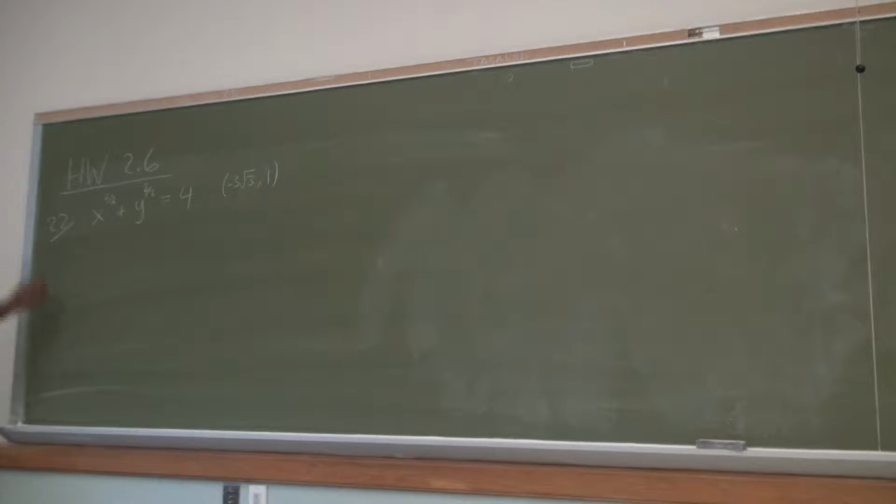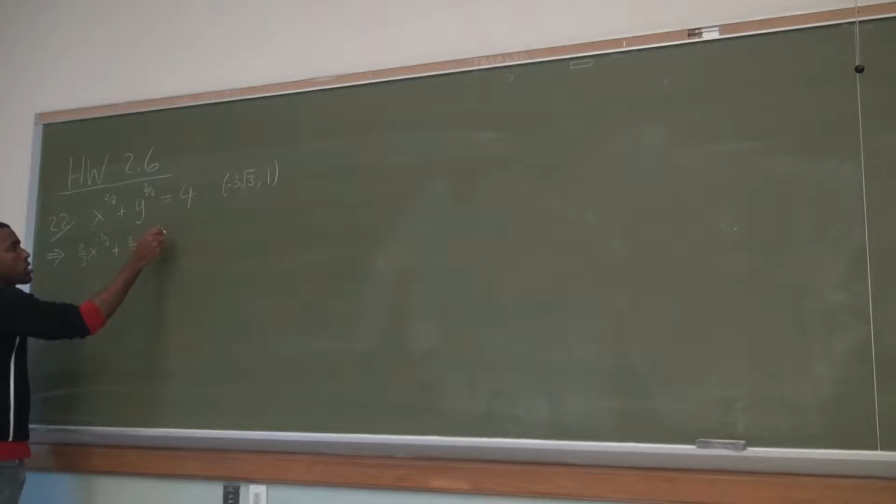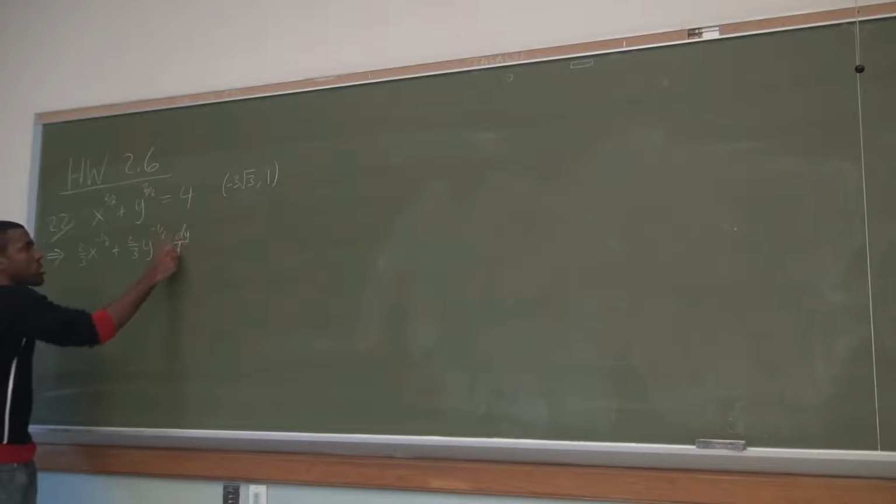Okay, so how do we do it? Find the derivative, dy/dx in particular. So 2/3 x to the power negative 1/3 plus 2/3 y to the negative 1/3 dy/dx equals 0.